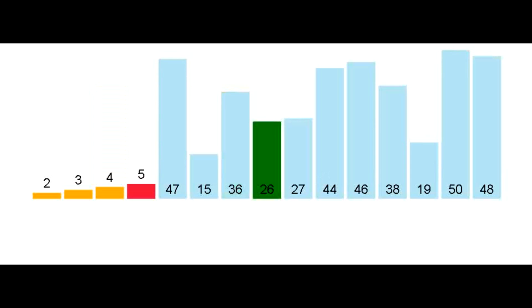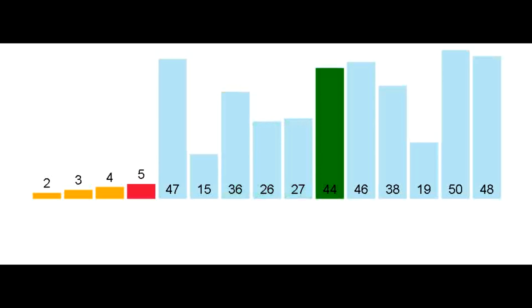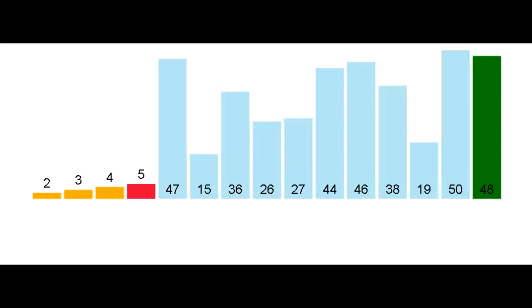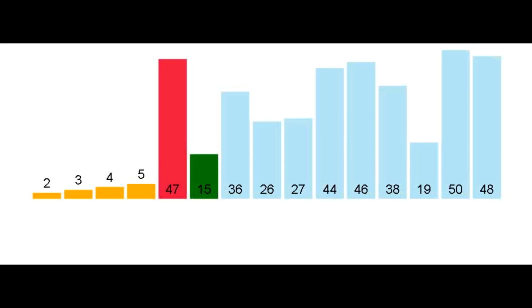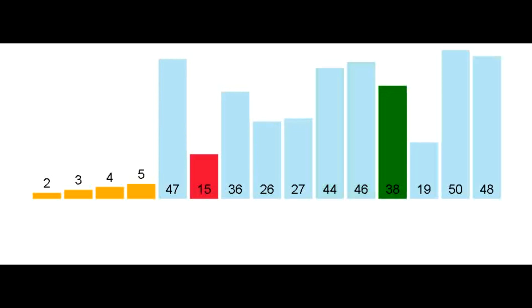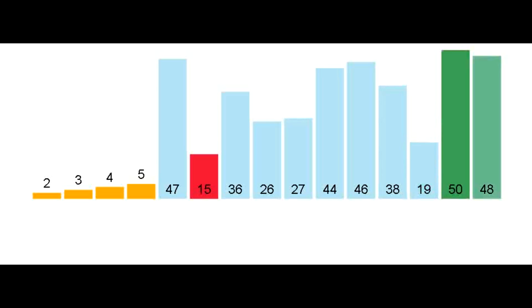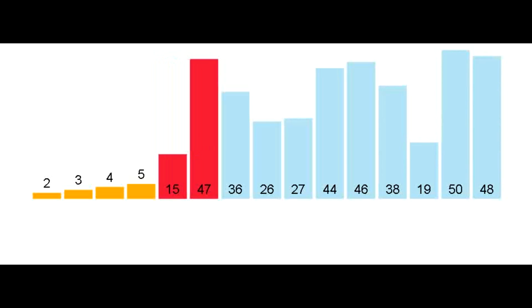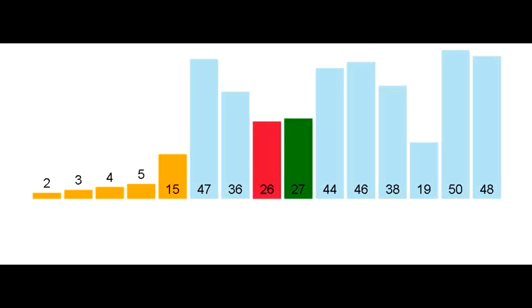Now it is checking this part. Here 15 is the least number. 15 gets swapped with 47 after it checks all the other values. In the same way, it checks for all the numbers.